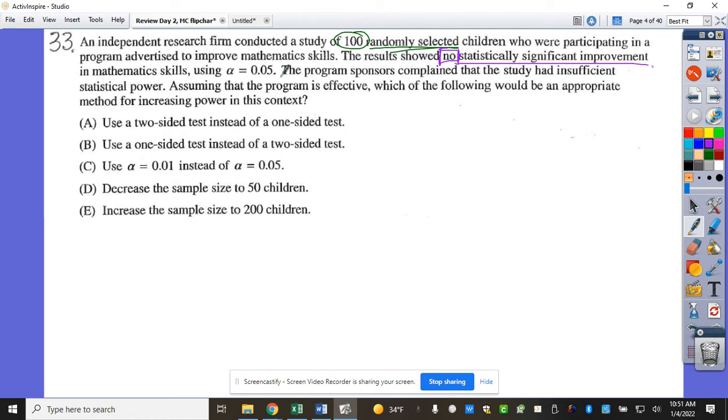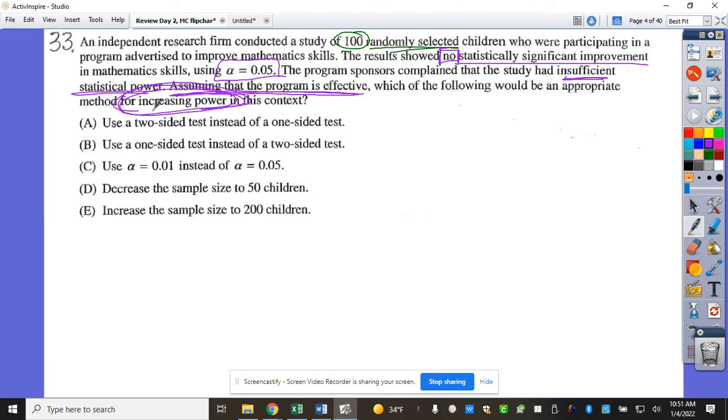The program sponsors complained that the study had insufficient statistical power, which is not necessarily a way we usually talk about that problem, assuming that the program is effective, so it should basically show good results. Which of the following would be an appropriate method for increasing power?